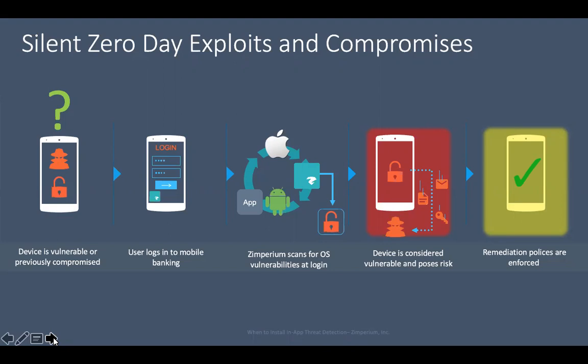But if I'm inside the confines of normal behavior, it is my device and it is in the zip code where I normally do banking, but it's compromised, then your fraud rule is no good and you can't see it. So you can put those types of remediation policies in place and proceed.